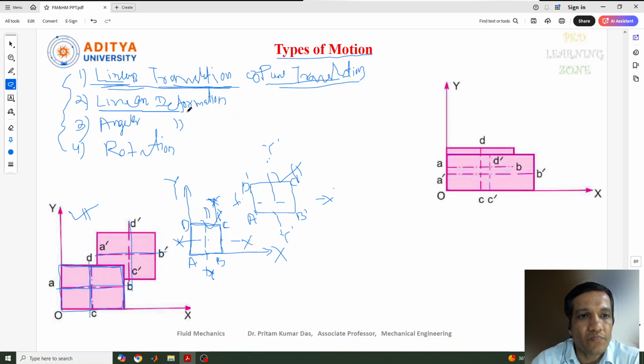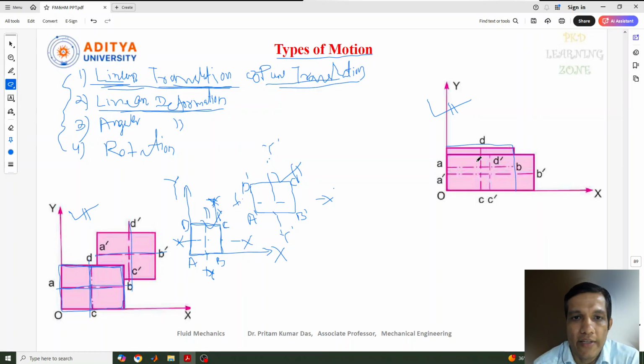Next is linear deformation. Okay, the linear deformation is also simple. If you see, this is the diagram I have taken from the book. So in the linear deformation, initially suppose this is the object, which is not visible here. That means it is already hidden here.